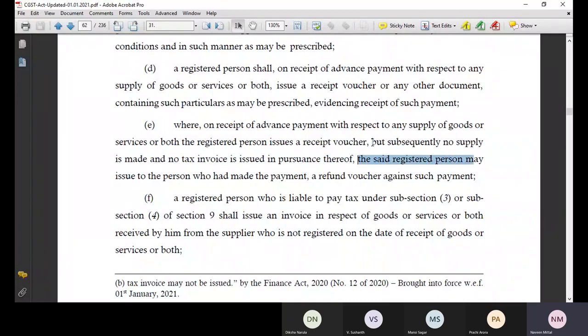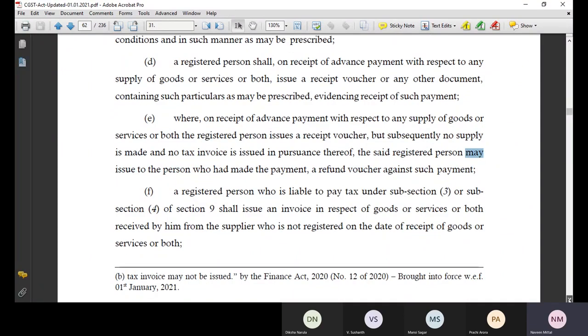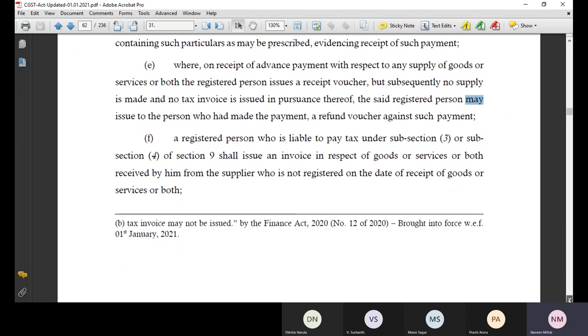Then the said registered person may issue to the person who had made the payment a refund voucher against the payment. So that person has to issue what? A refund voucher if the recipient asks. That is why it says may issue. If the recipient requires that proof that supply cannot be made, so give me a refund voucher, that person has to issue a refund voucher. So another term, refund voucher.